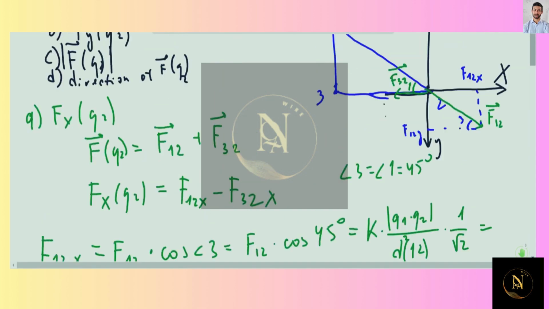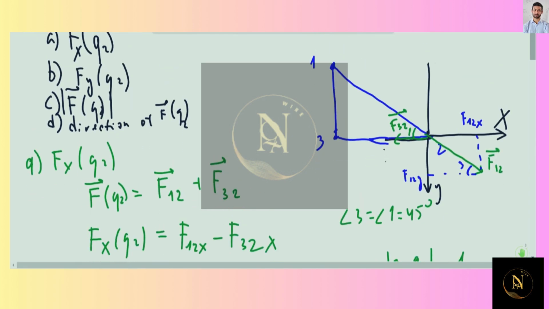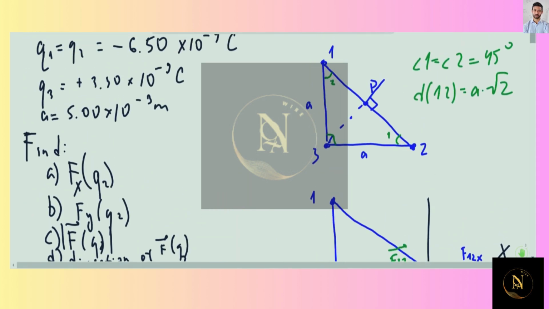Okay, and F32x simply equals K absolute of Q2 multiplied by Q3 divided by the distance between points 2 and 3 squared, which equals K Q2 Q3 divided by a squared.